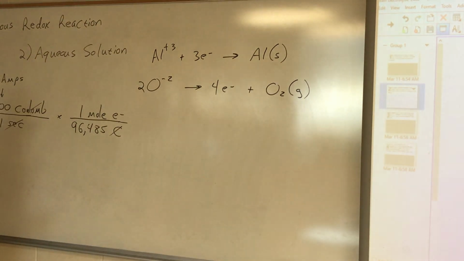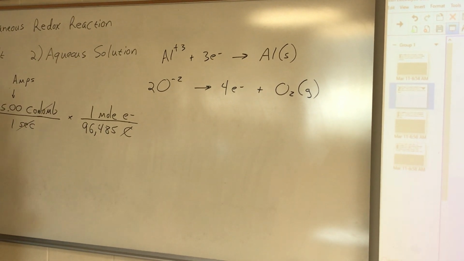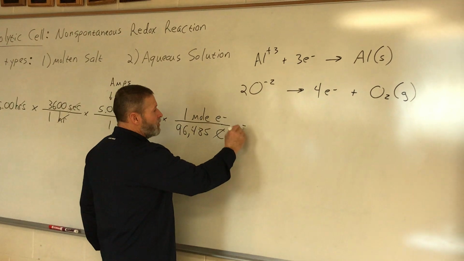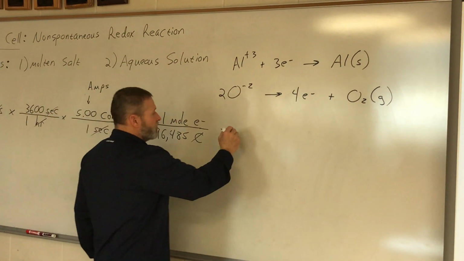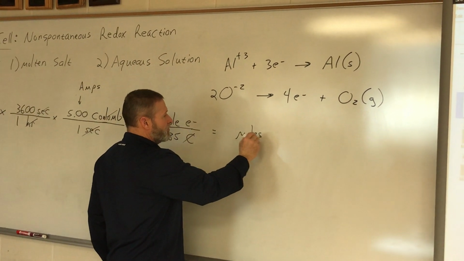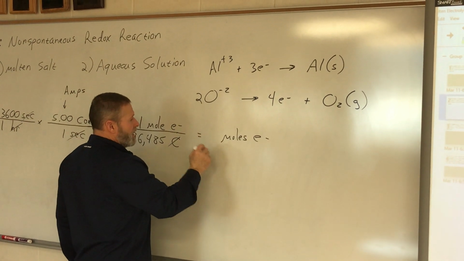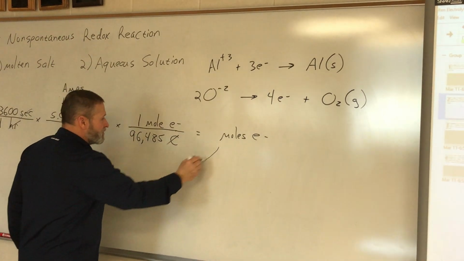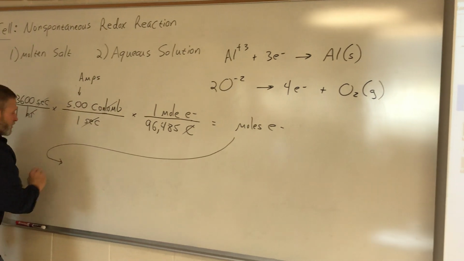Okay, so now I'm going to start this way, and that would give me some number of moles of electrons. And so whatever that number is, I can carry it down here.